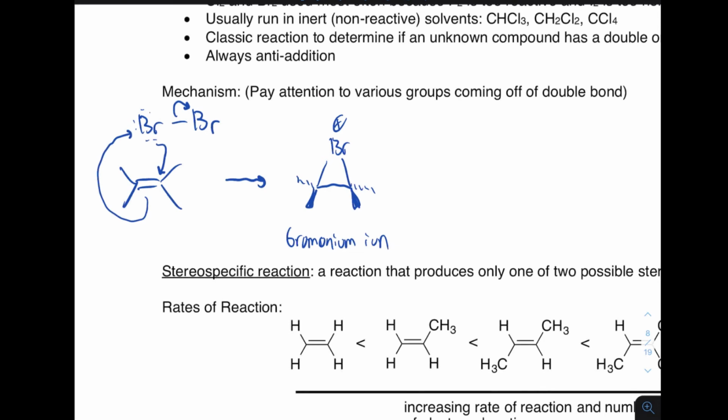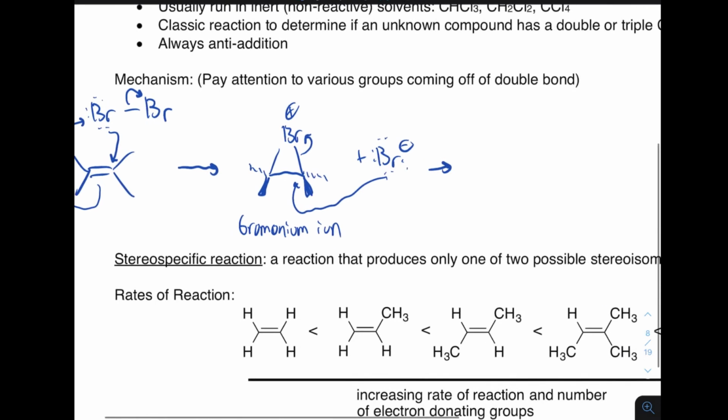And so what happens after this, because you can imagine Br plus would make for a great leaving group, going from positive charge to neutral, the bromine that had once left now comes back in to do an SN2-like attack.